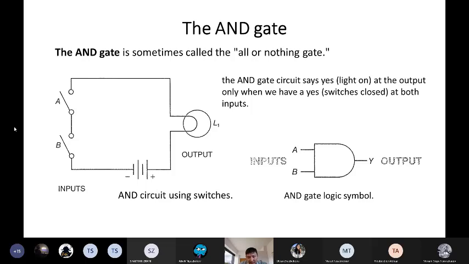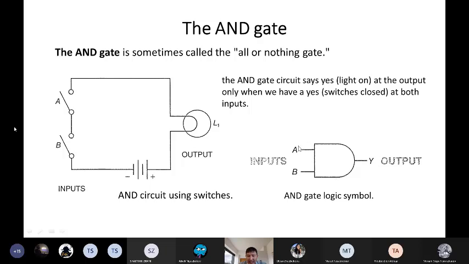But you should memorize this symbol in circuits. We will assemble circuits in Multisim, and you can see it in a manual if you work with real circuits. The AND gate logic symbol looks like this, so you should memorize that this symbol represents the AND gate.